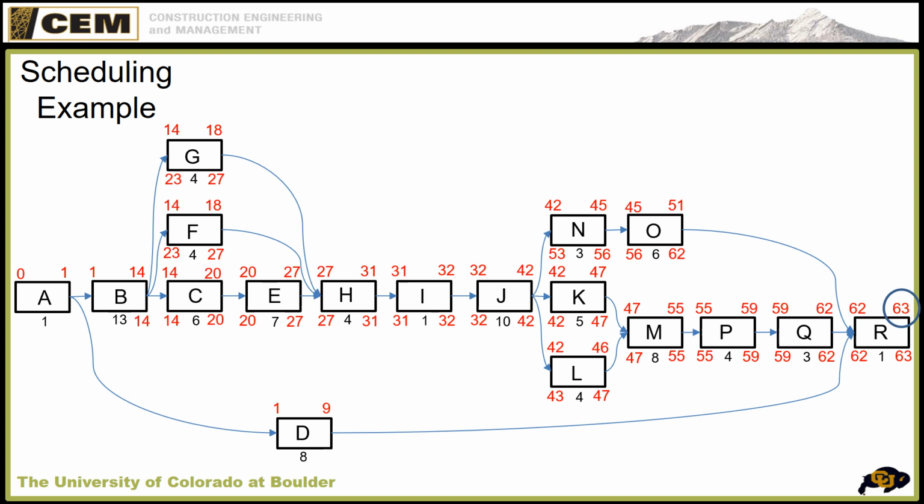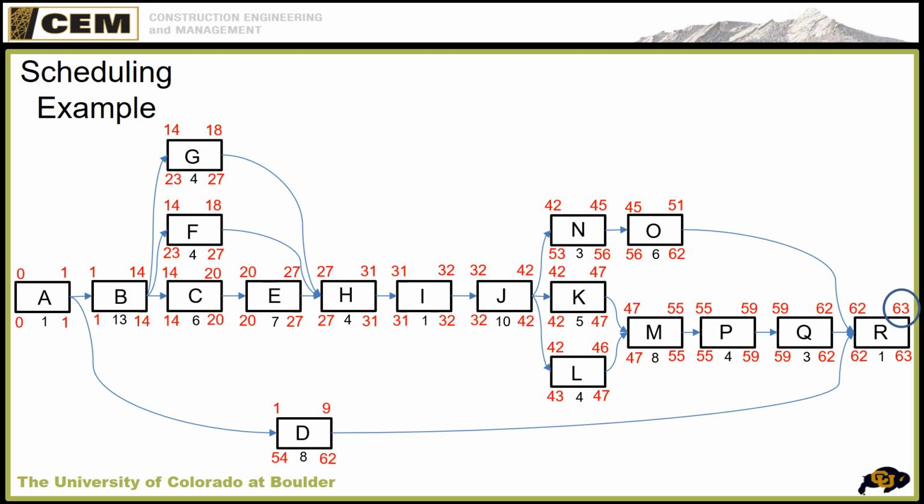Okay, let's go to B. 14, that would be the lowest of C, F, and G. That's the latest I can possibly finish B without delaying the next activities. 14 minus 13 is 1. Go down to D. We pull 62 over and subtract 8. We get 54. And 1 and 0. We pull the lowest number to create our late finish.